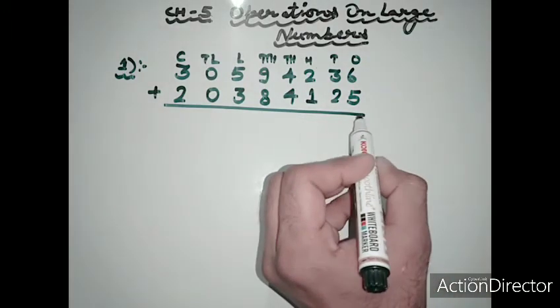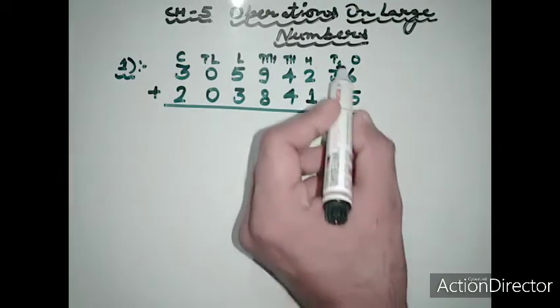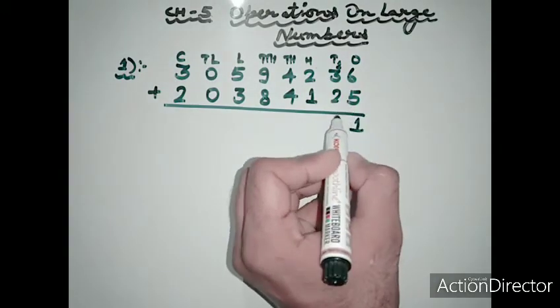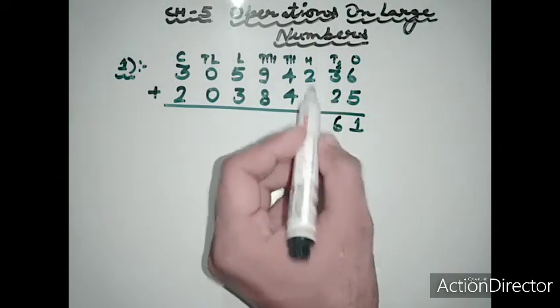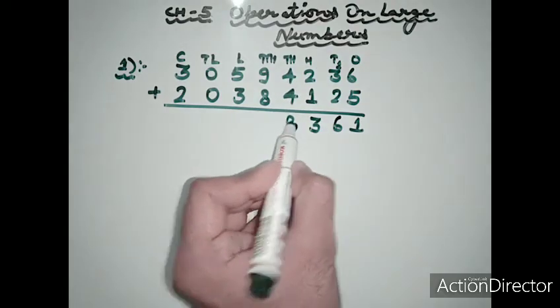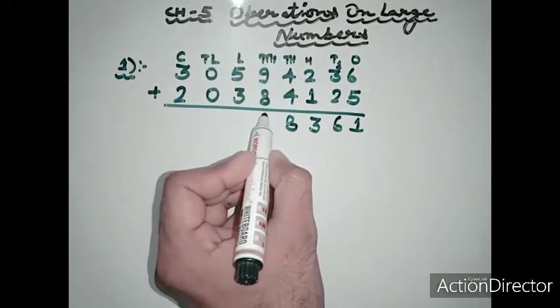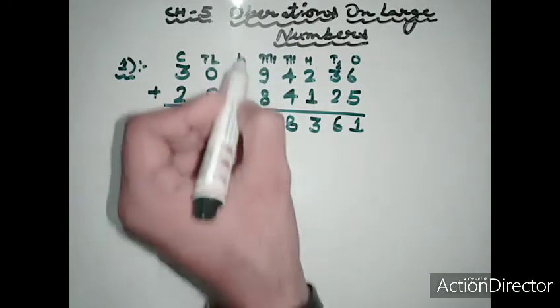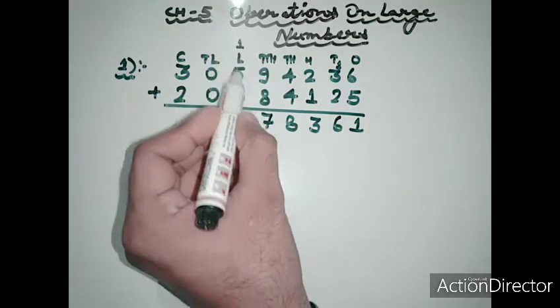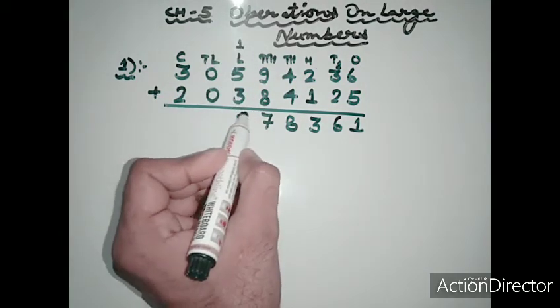6 plus 5, 11. Here we write 1, give 1 carry. 3 plus 1, 4. 4 plus 2, 6. 2 plus 1, 3. 4 plus 4, 8. 8 plus 9, 17. Here 7, 1 carry. 5 plus 1, 6 and 6 plus 3, 9.